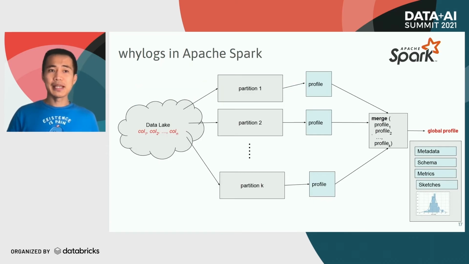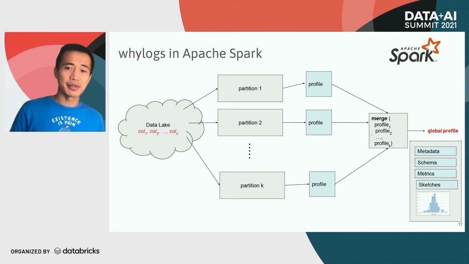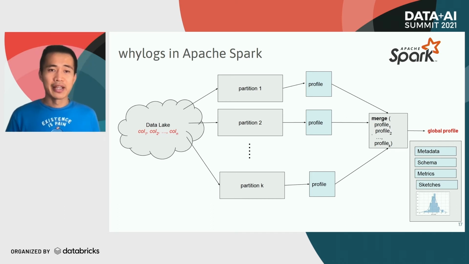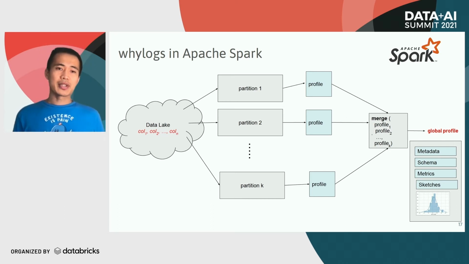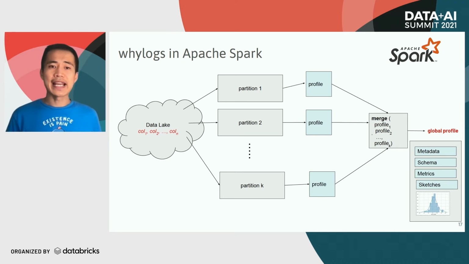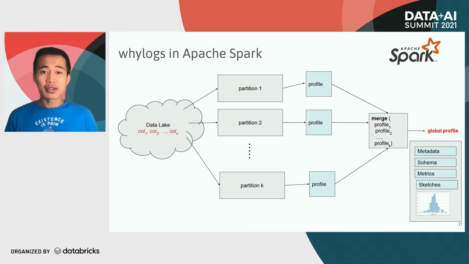In terms of the Apache Spark integration, which I want to talk a little bit more about here, when you scan your data, you have various partitions in a distributed manner in a Spark cluster. What whylogs implements is a custom aggregator on top of this, hooking into your data frame.